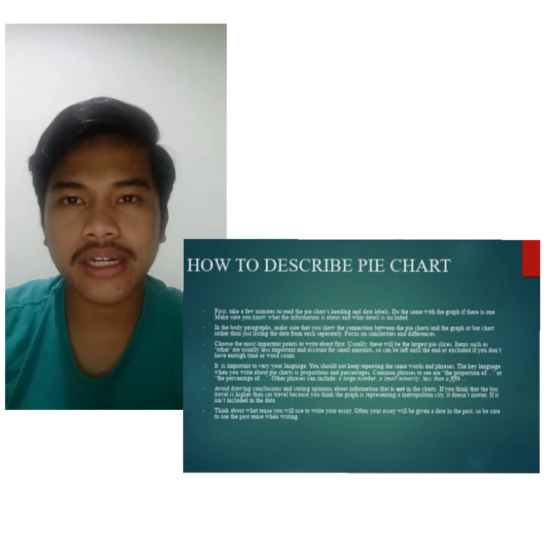If there is one, make sure you know what the information is about and what detail is included.